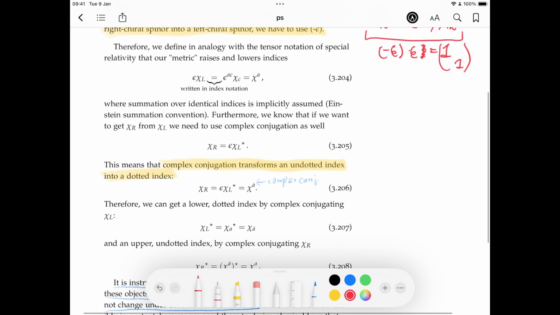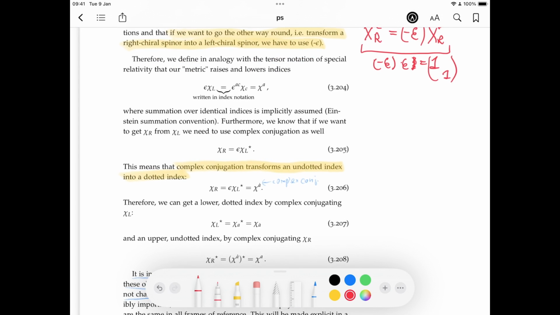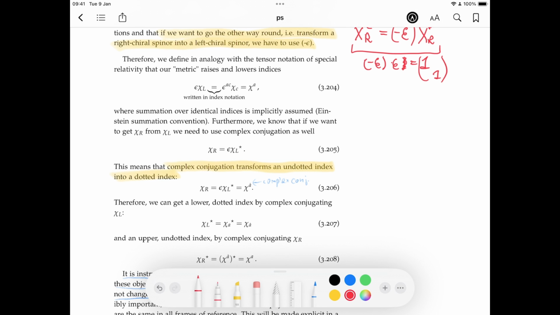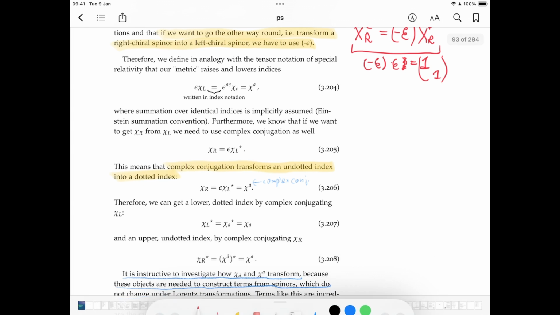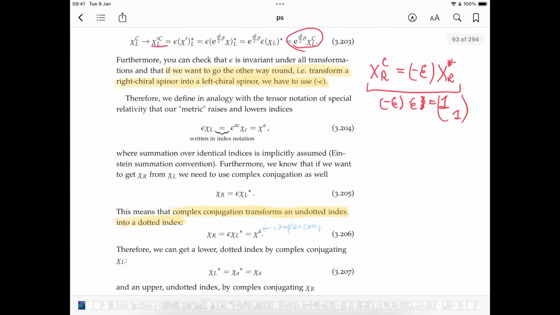But in the case where we use complex conjugation here, let me read a little bit of what he says. I guess just putting up the index is not enough to get the right Weyl spinor. We have seen at the beginning that right Weyl spinors have the top index with a small dot added, and that's exactly what he's talking about.